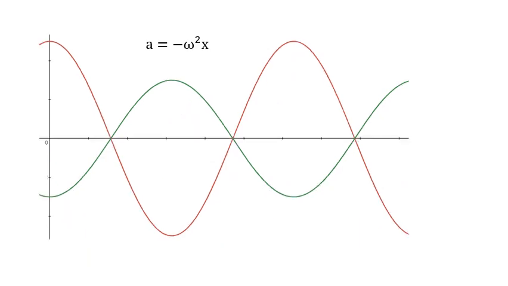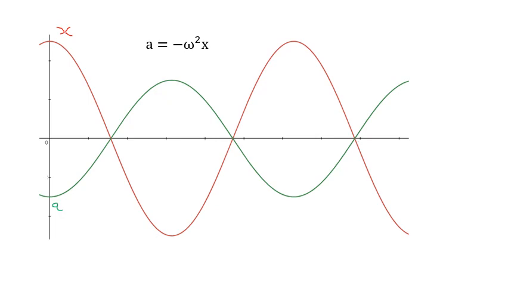Let's finish with this now. The red one is my displacement. The green one is my acceleration. Just looking at the graphs, what's the relationship between them? X is a cosine, acceleration is a negative cosine. They are the opposite of each other. If one's positive, the other's negative, and vice versa.